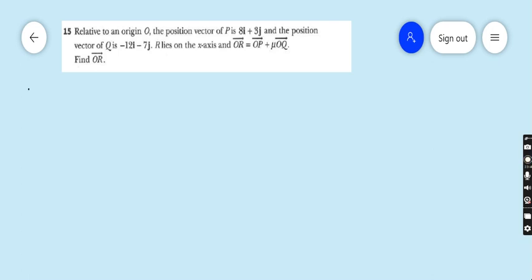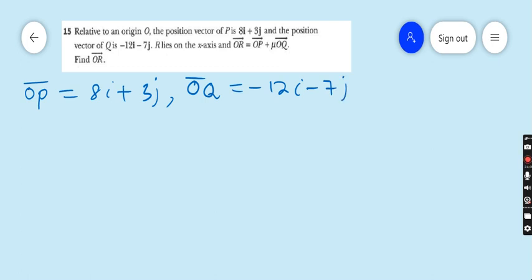So it is OP, 8i plus 3j. And the position vector of Q, that is OQ, minus 12i minus 7j. R lies on the x-axis and OR is OP plus mu OQ. Find OR, the position vector. OR means position vector of R. So again a very easy question.